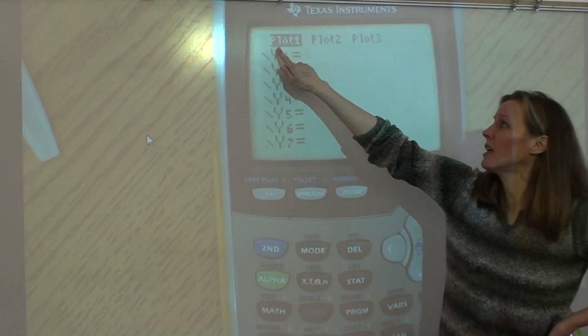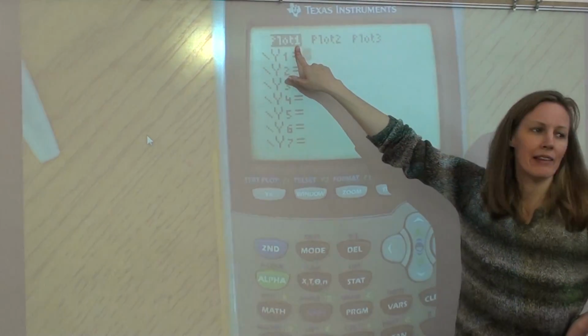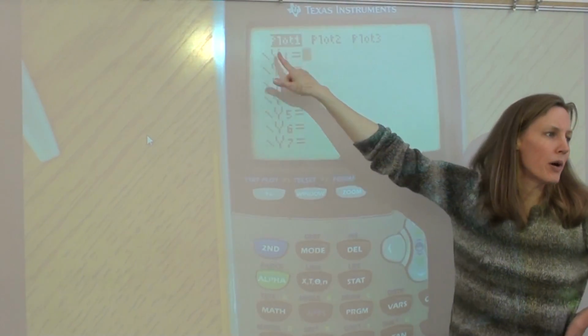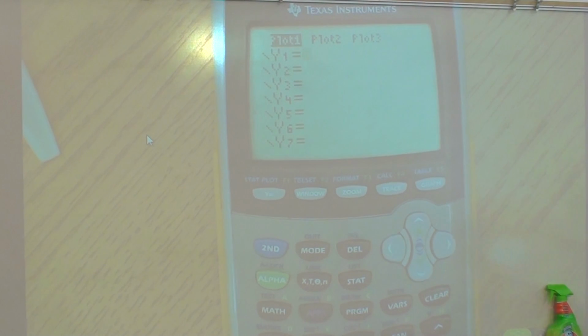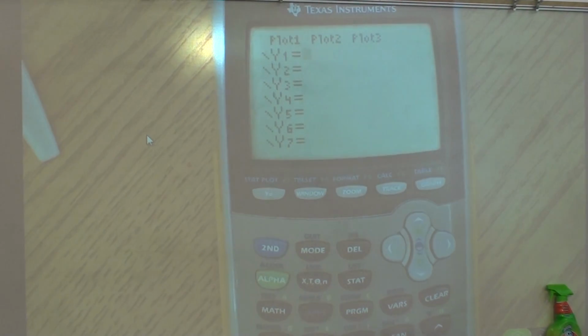So if you see any of the plots highlighted, just arrow up to it and hit enter and then arrow back down and that'll turn it off. You don't want stat plots on for this. Okay, everyone got them turned off? Good. Go ahead and enter your velocity function in.